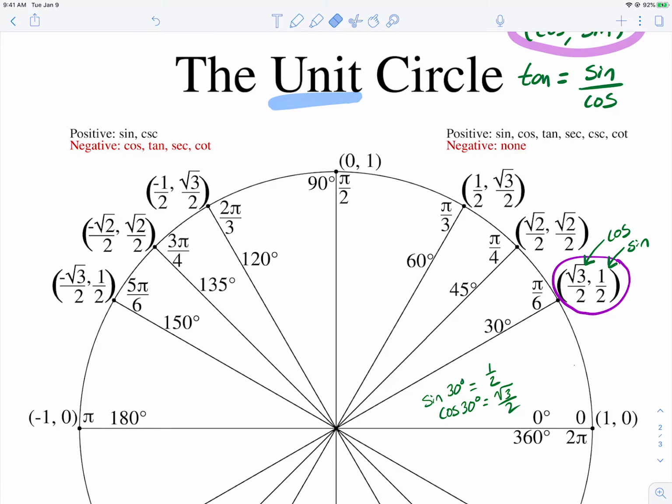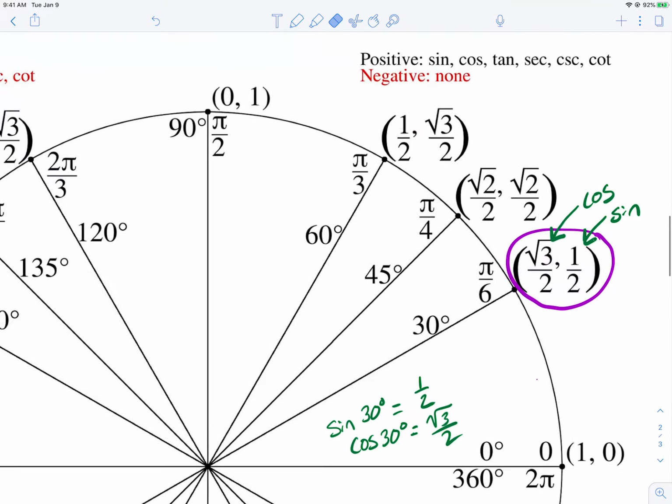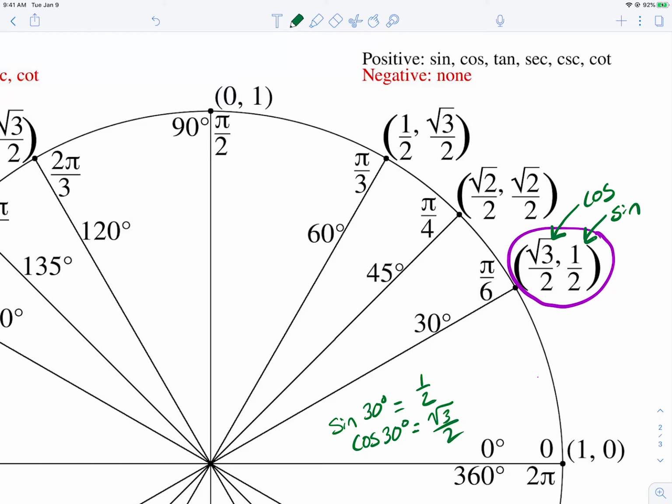So all of these coordinates here are sines and cosines. So if I wanted to find the cosine of 45 degrees, it is square root of 2 over 2. If I wanted to know the sine of 60 degrees, it is the square root of 3 over 2. So the unit circle is actually giving you specific sines and cosines.